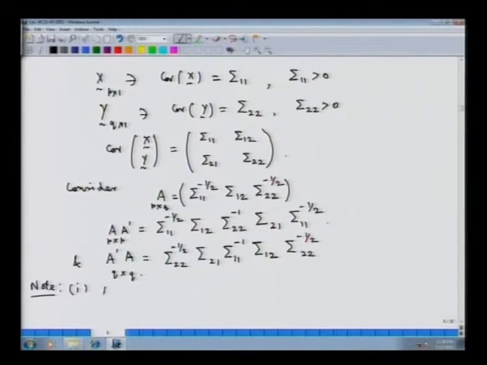Let me define these eigenvalue eigenvector pairs.